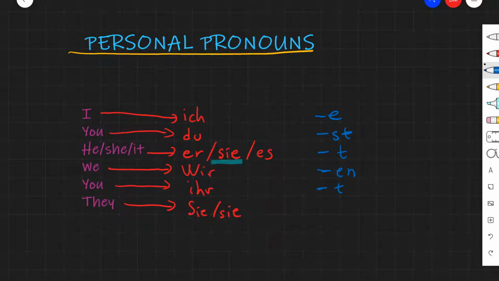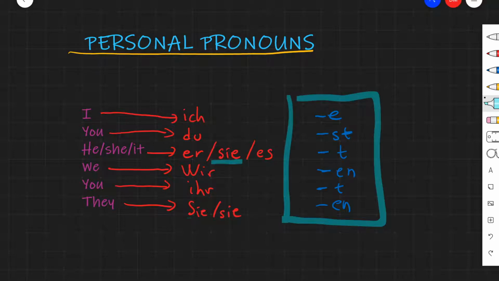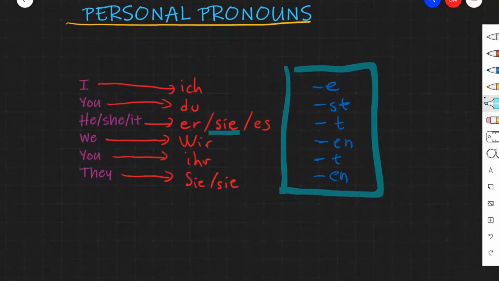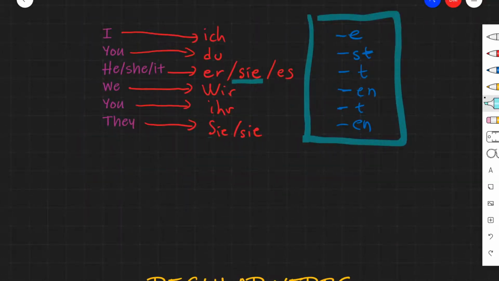And sie with en again. I want you to remember these and to try and repeat them religiously so you don't forget them. Ich ends with e, du st, er sie es with t, wir en, ihr with t, and sie with en. Okay, so we got this down.